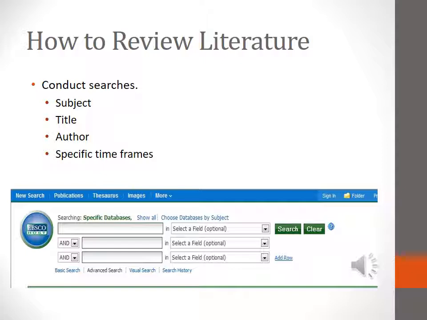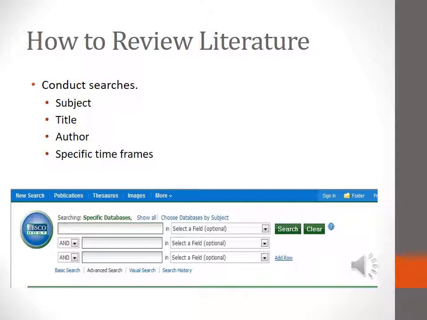I would suggest searching in a specific field rather than looking for the title of an article, just because it may or may not pop up in that search or specific database. But what you can do is type in maybe your key search terms, for example, retention in college students and first generation, and it will give you all articles on that topic.